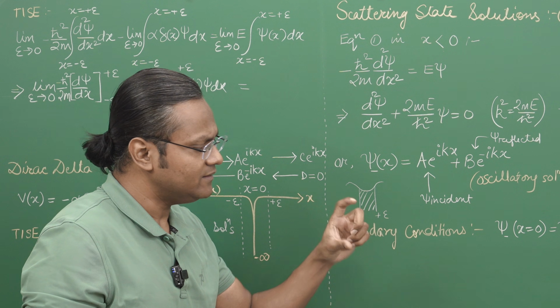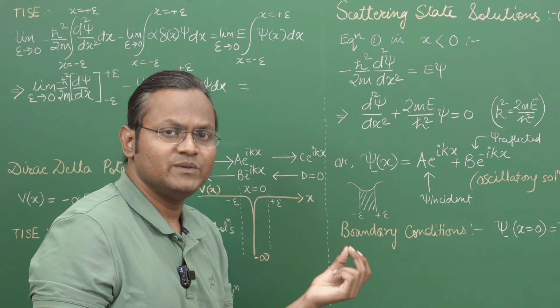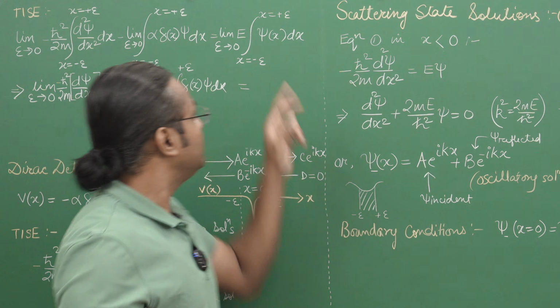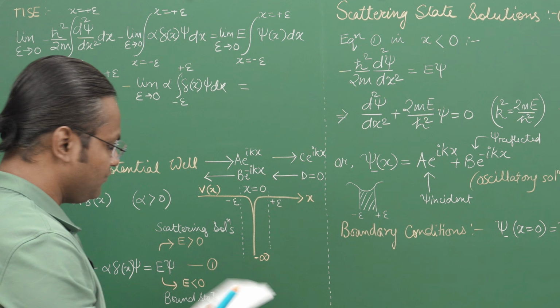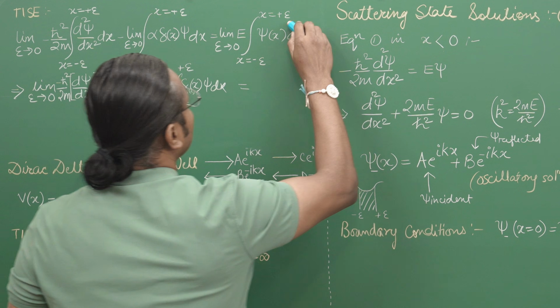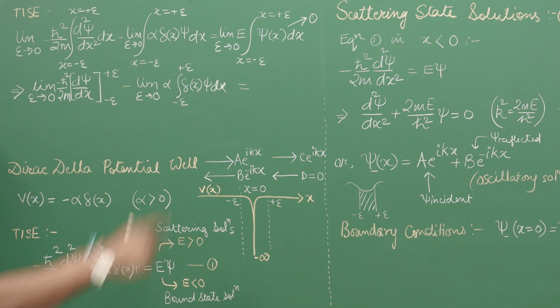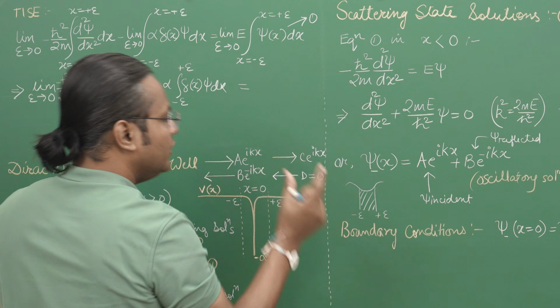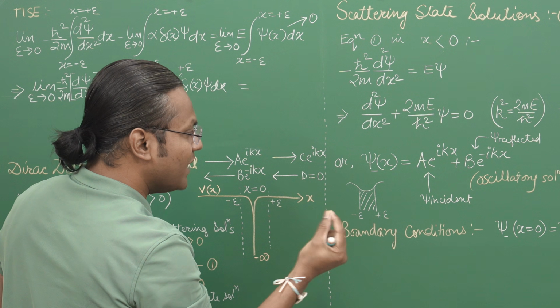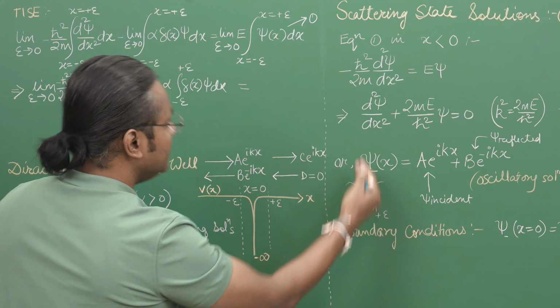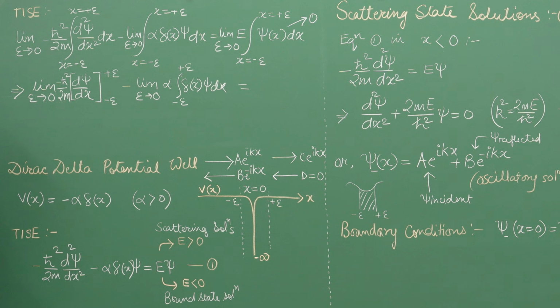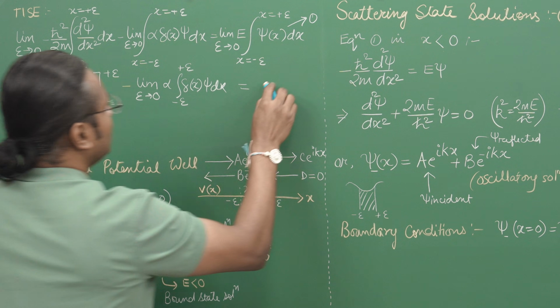A finite length and an absolutely infinitesimally small breadth. So therefore, this limit epsilon tending to 0 makes this whole thing 0, right? I hope you understand, because it's a finite area with an infinitesimally small breadth. Under this limit, it becomes 0. So essentially, you end up getting 0 here.